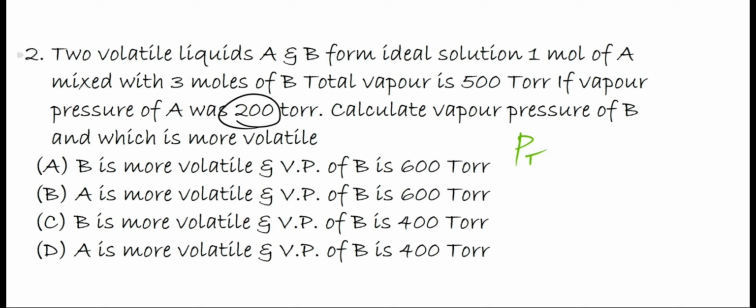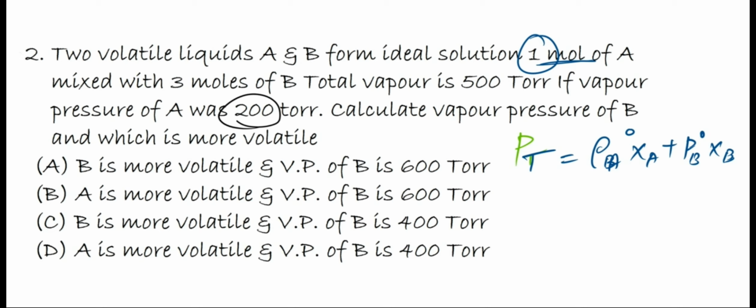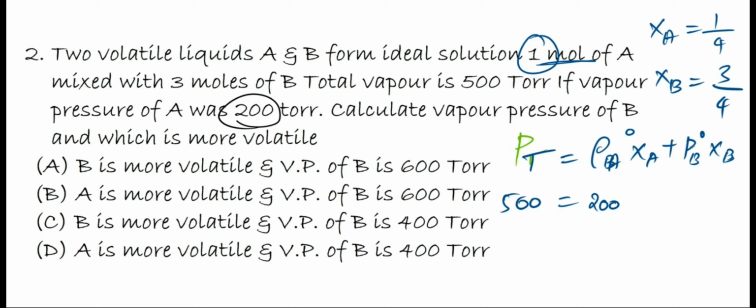Take a different color. P total equals PA naught chi A plus PB naught chi B. The point to be noted here is they have given it in moles. So chi A becomes 1 by 4 and chi B becomes 3 by 4. Just substitute the values over here. 500 equals A's vapor pressure 200 into 1 by 4 plus PB naught, and we have to use chi B, that is 3 by 4.